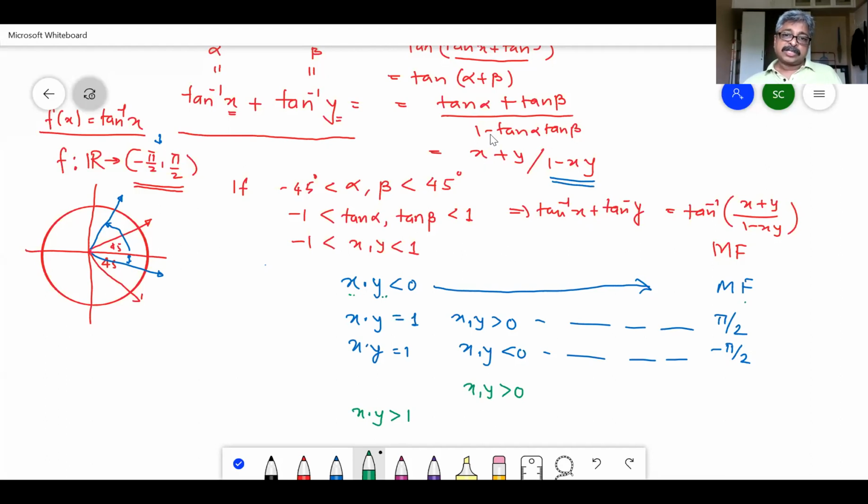Therefore this quantity will be entirely a negative quantity, and if you take tan inverse of a negative quantity, you will end up getting an angle which is this, which is a negative angle.